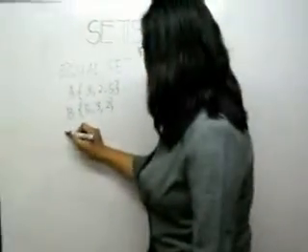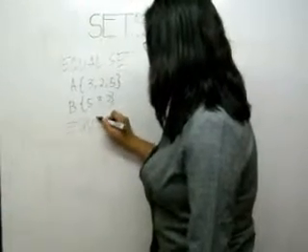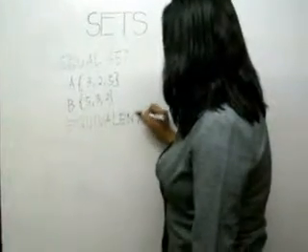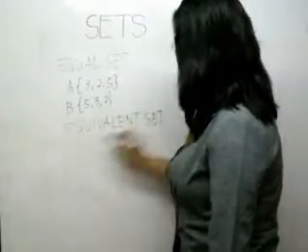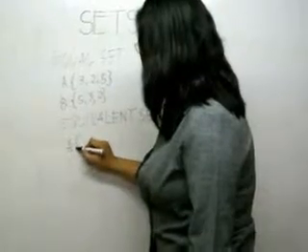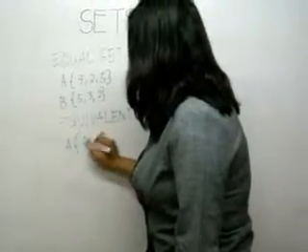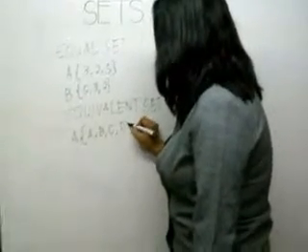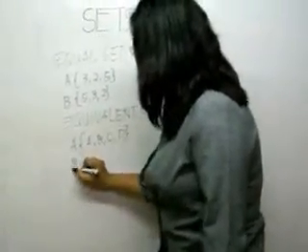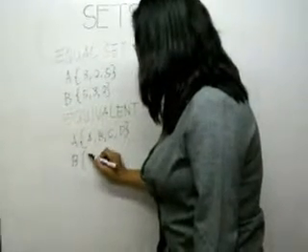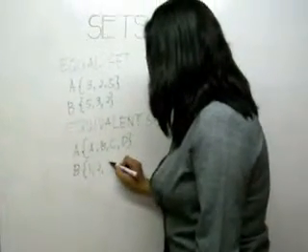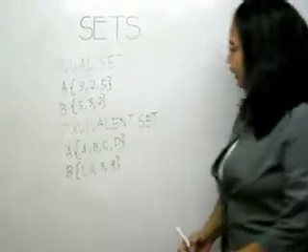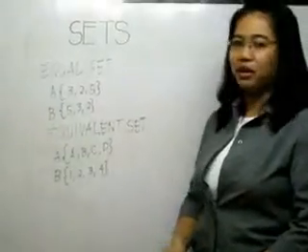Let's take set A: A, B, C, and D. And set B: 1, 2, 3, 4. Notice that they have the same number of elements.